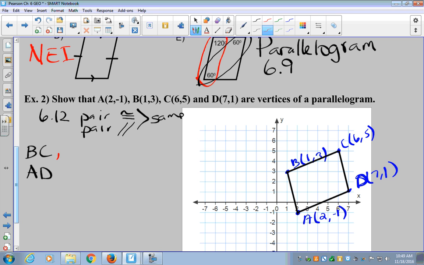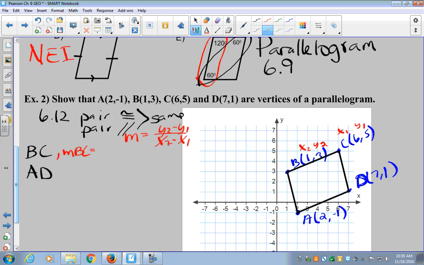So I'm going to find the slope of BC, and we take our y values and we subtract them. So that's 3 minus 1. And we take our x values and subtract them. So that is 1 minus 6. Hold on, where's my 5? Let's try this again. What I get for not writing it down. Slope is y2 minus y1 over x2 minus x1.